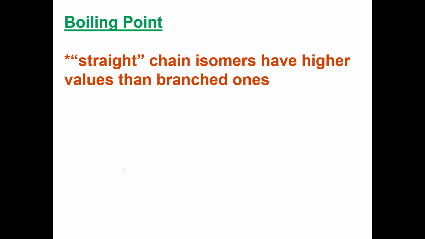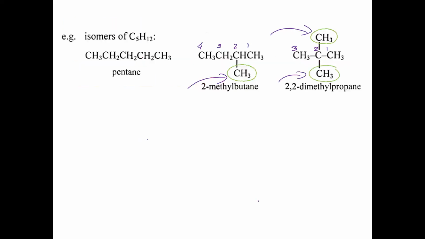So basically, the straight chain would be just normal pentane, and the branched ones would be like dimethylpropane. Can you speak a bit louder? I couldn't hear you. I was saying the straight chain would be the normal pentane, and the branched one would be dimethylpropane, right?